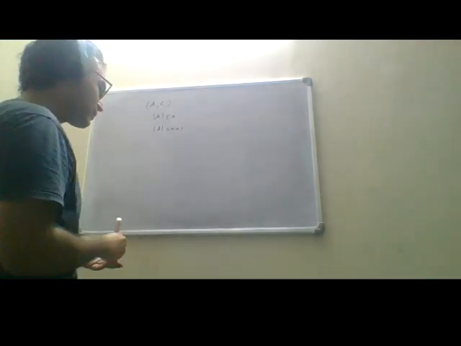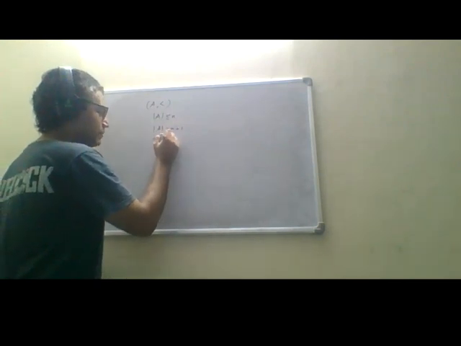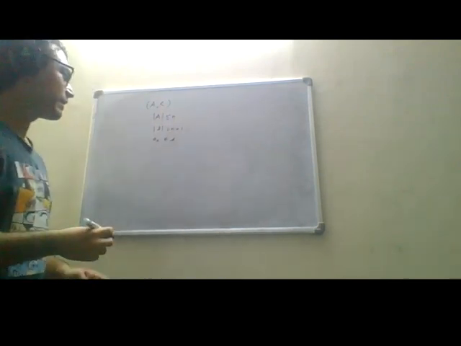So fix a member a naught in A. It is non-empty, because otherwise it wouldn't have cardinality n plus 1.